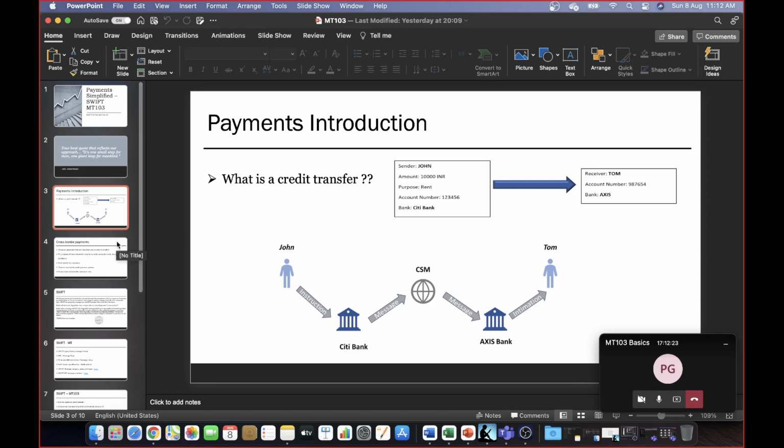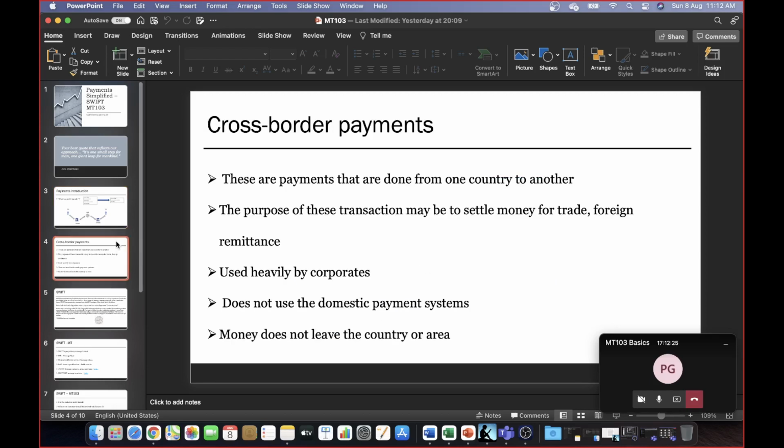Cross-border payment is a type of payment that is done from one country to another. The purpose of this transaction may be to settle money for trade or a foreign remittance. Let's say you go work in a country for a few years and you want to send money back home.